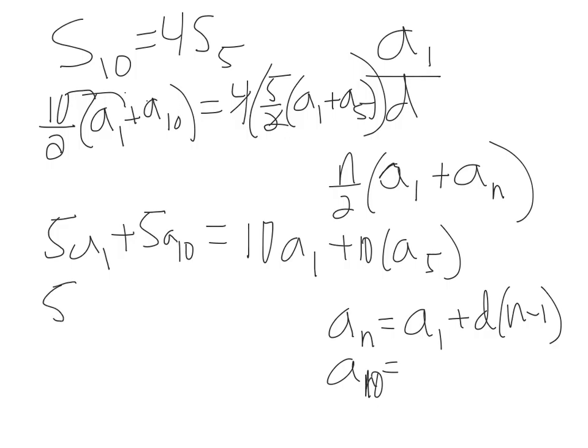So that gives me 5 times a sub 1 plus 5 times a sub 1 plus d, which we don't know, but we do know n is 10 for this, so that's going to become 9.